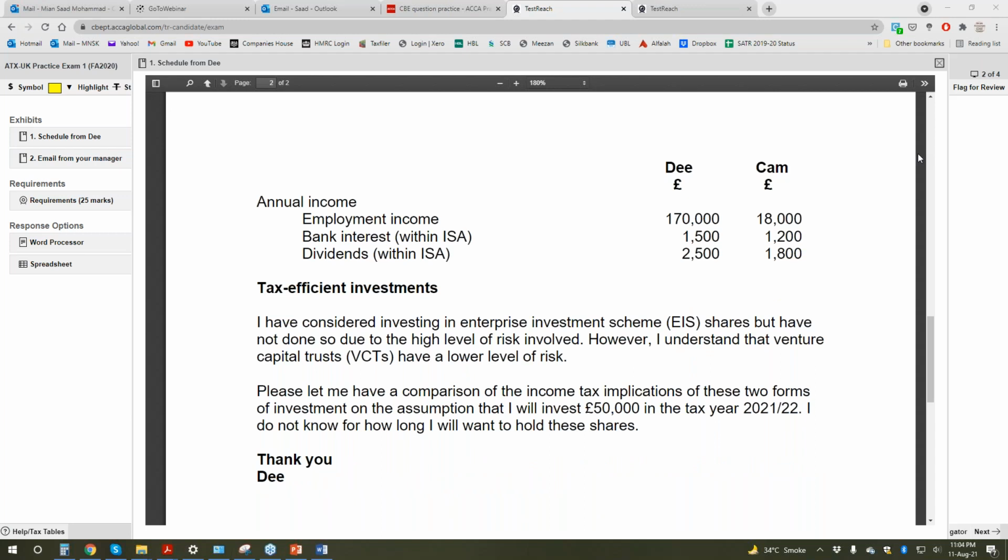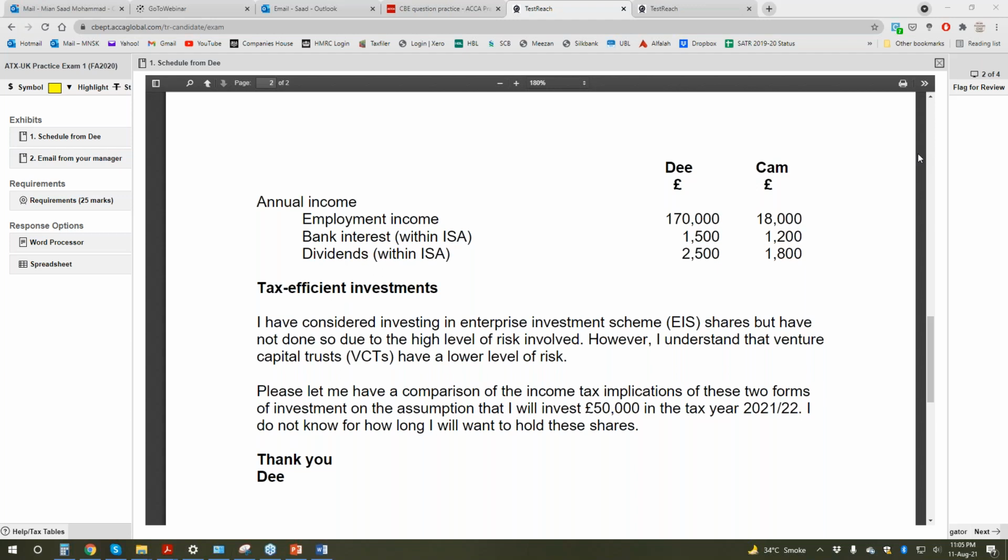I guess the income of D is even higher than the higher rate band, more than 150,000. So she is probably the additional rate band payer. Whereas by looking at Cam, I can tell you that he is a basic rate band payer. Okay, that's fine.